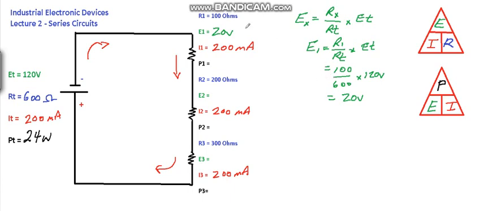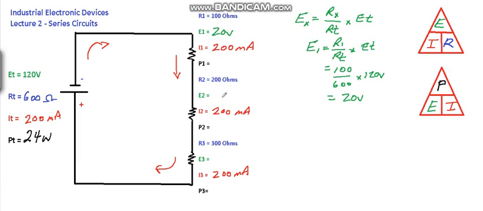If we use Ohm's law, we know we have 200 milliamps. E equals I times R, so E is 0.2 of an amp times 100. Sure enough, that gives me 20 volts. So that's right.